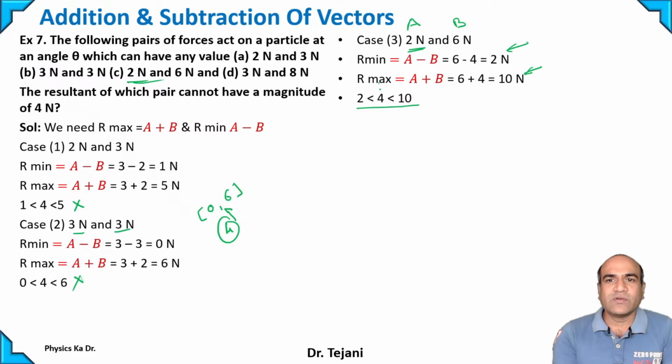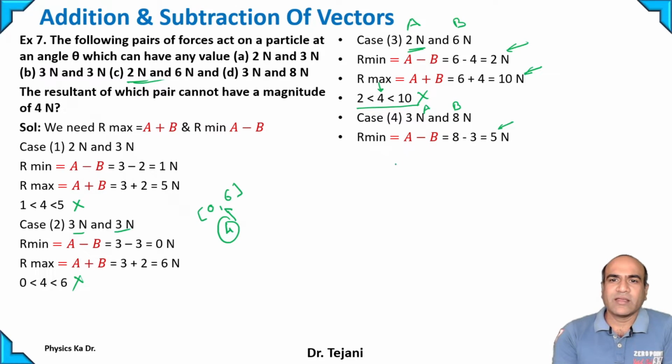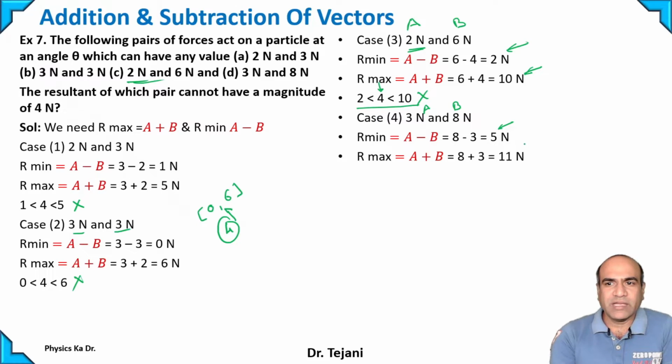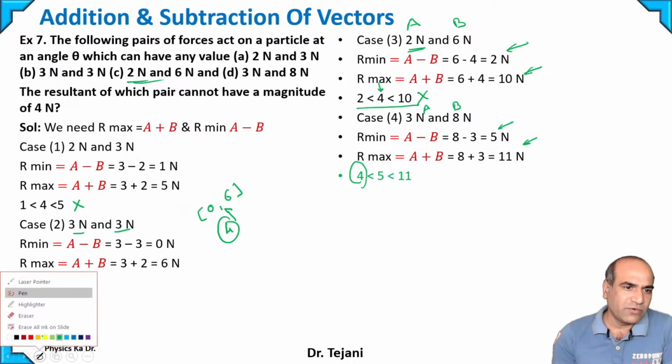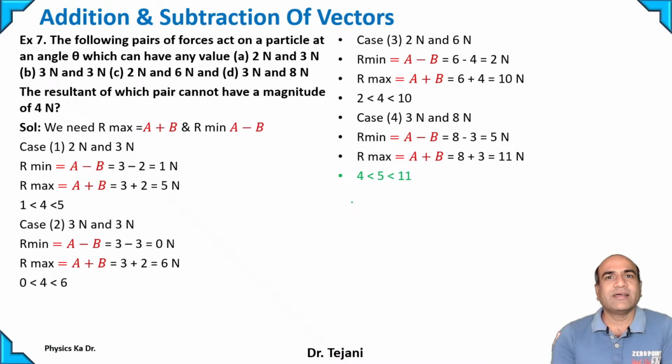So yes, R can have 4 because it is in between the maximum and minimum value. So this answer is also incorrect. Let's have case number 4. A is 3, B is 8, A minus B is 5 Newton and maximum is 11 Newton. So 4 is outside of 5 and 11, and therefore this becomes our correct answer. So answer D is the correct one.